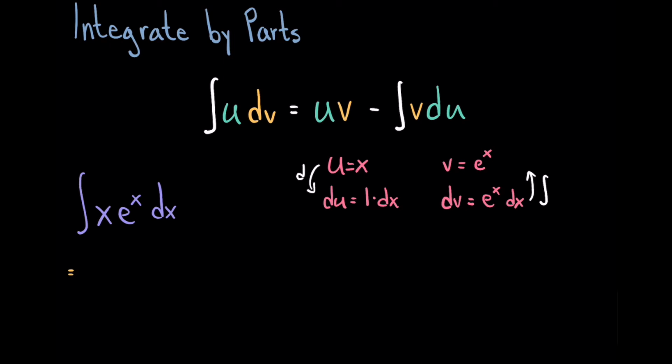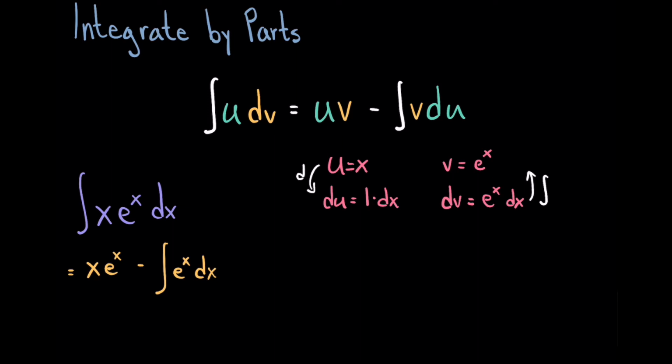So this integral, by the integration by parts rule, is equal to u times v. Well, u is x and v is e to the x, so we write x times e to the x, and then minus the integral of v du. v is e to the x, and du is 1 times dx, so just dx.